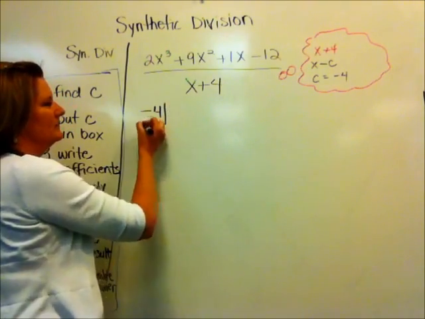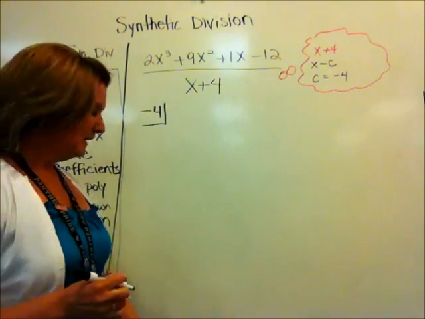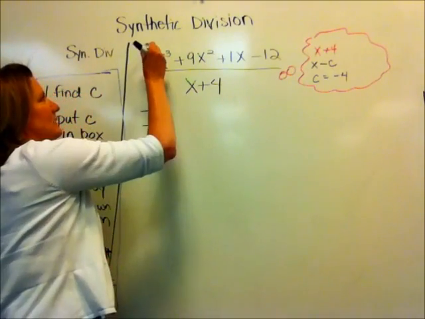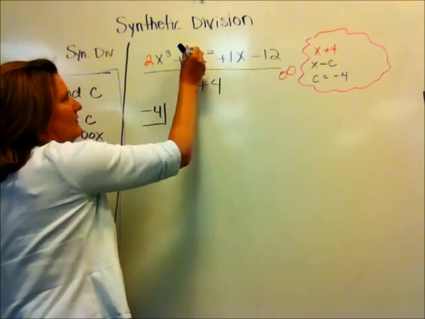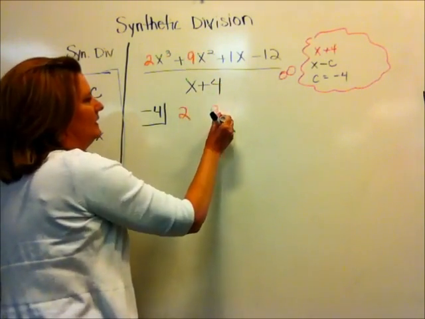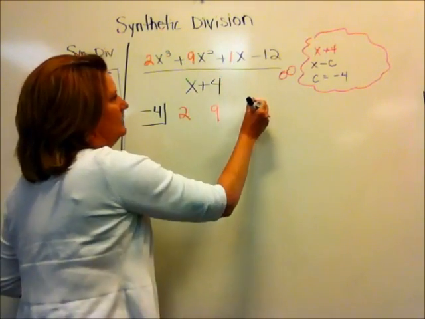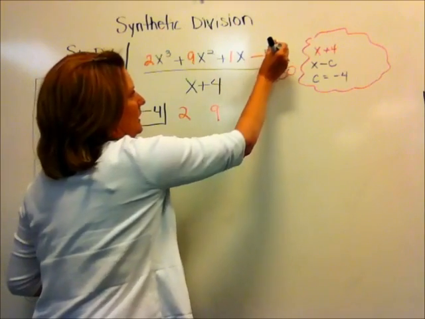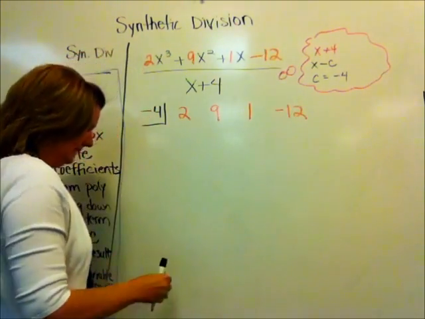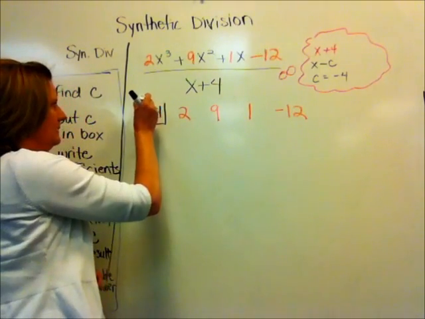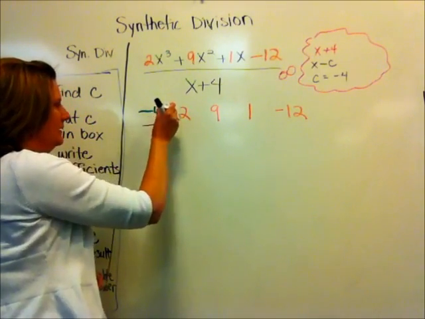It's in the box. Next thing I'm going to do is I'm going to take these numbers right here and I'm going to write them in. So here's my 2. I have a positive 9. I have a positive 1. And I have a negative 12. Here's my C. I'm going to put it in green again for you.